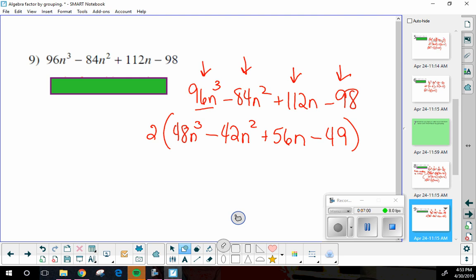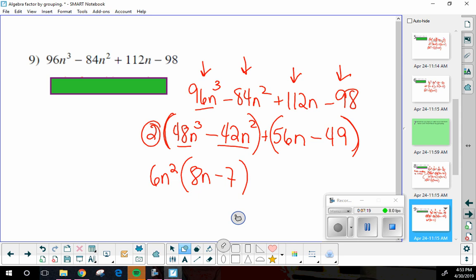And so again, I'm just going to ignore this 2 for a while and factor this part by grouping. And I see that out of these, the greatest common factor is 6n squared. So this would be 8n minus 7 will get you those two terms.